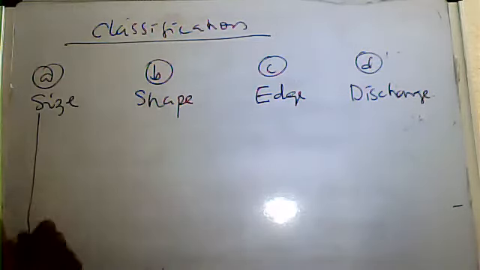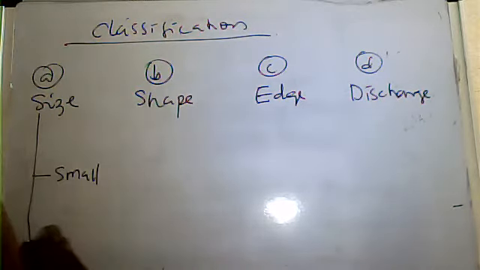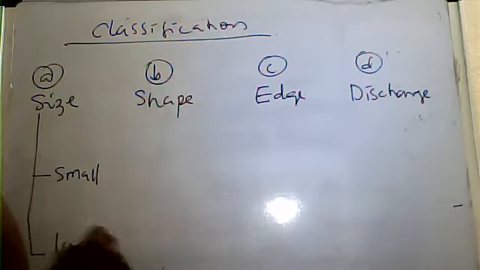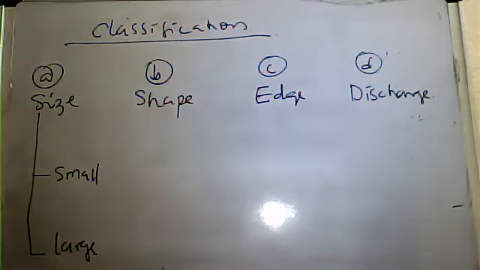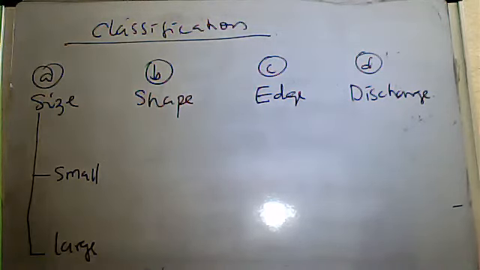On size we have two: a small orifice or a large orifice, and the formulas are different. So when you are reading a question, you need to pay attention. Is the question stating that it is a small orifice or a large orifice?